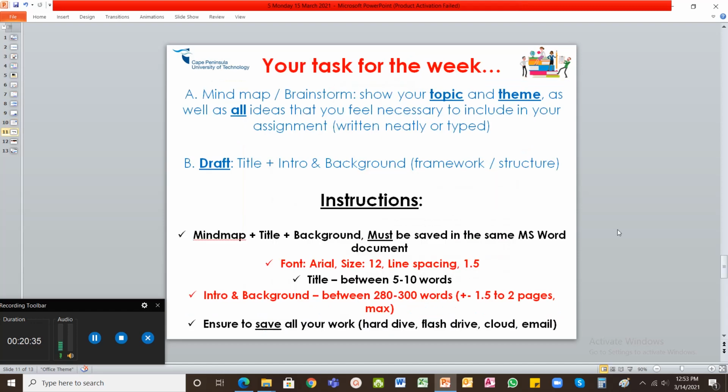Your task for this week, part A and part B. Part A, you have to create a mind map. Now remember, in your previous lesson, you had to provide two topics. I would like you to choose one of your topics, right? So I'm going to add that instruction on top.